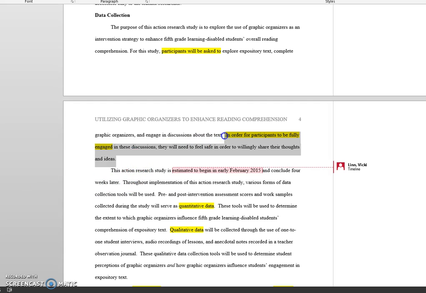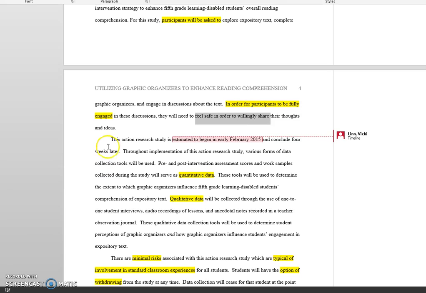One critical thing too is she's acknowledging here that as a teacher and as a researcher, it's important that she creates a comfortable environment where they can be fully engaged and participate fully, and that she'll be respectful of that as well.